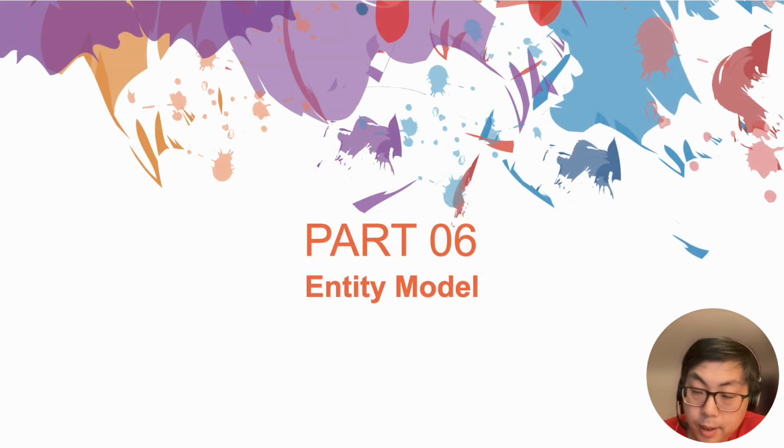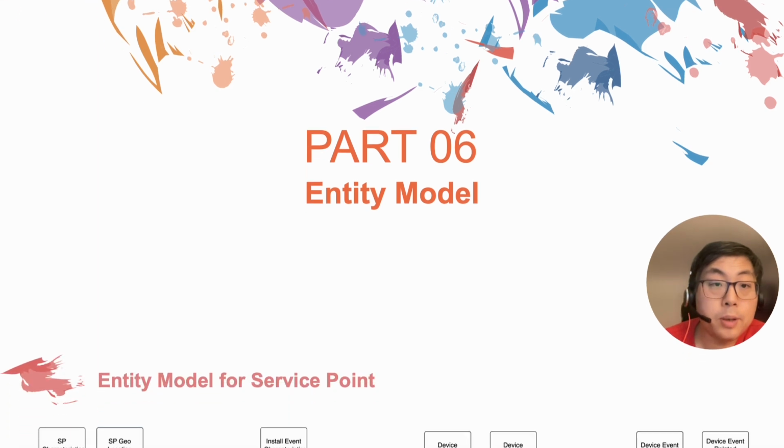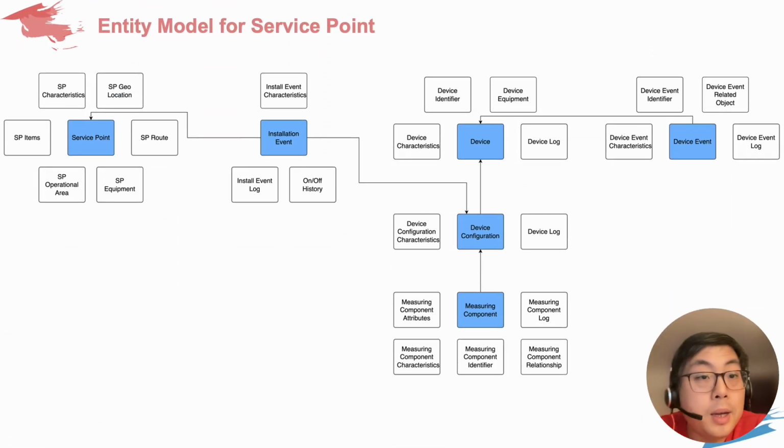Okay, so let's go to the last section, which is the entity model. I tried to paint all the jigsaws in the model. We have seen pretty much everything on the right hand side: device config, measuring component, and device event.